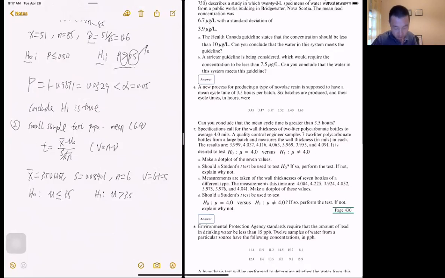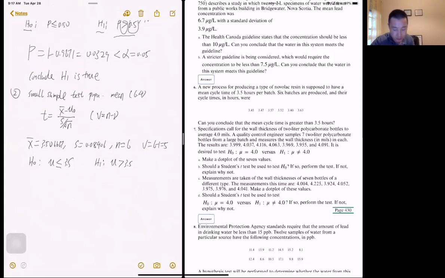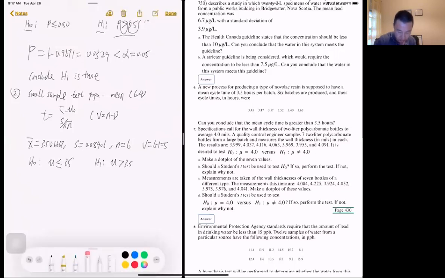Then we just plug the numbers into the t-value: the sample mean, mu 0 is 3.5, the sample standard deviation, and the sample size is 6. Plugging into the equation, the t score is 0.19443.